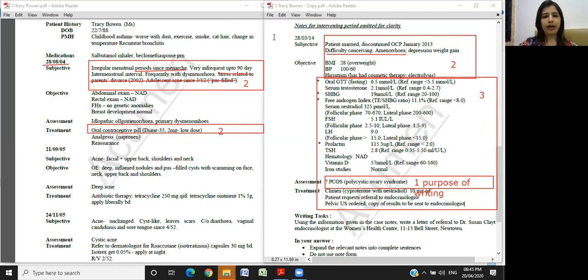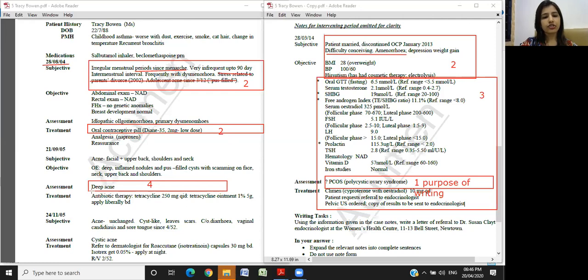And in the fourth paragraph, you can write about the medical history, that is acne, the other contributing factors. You can also, if at all you want, include childhood asthma, though it is completely irrelevant because it has now resolved. But if at all you include it, it should go in the fourth paragraph.